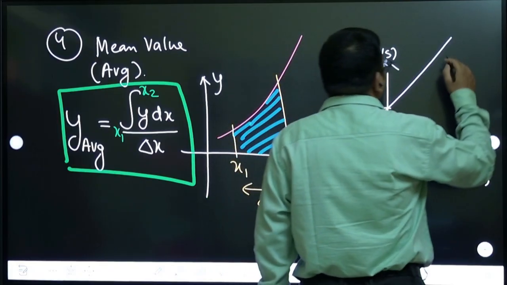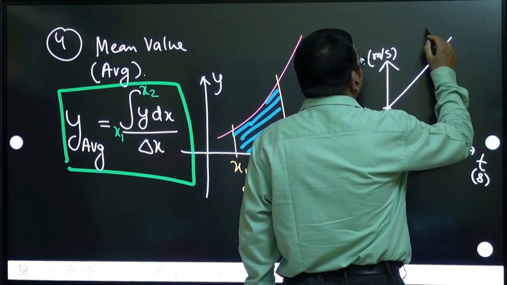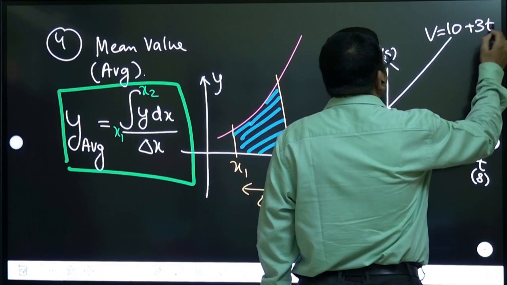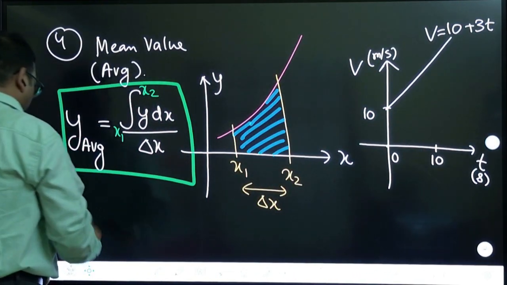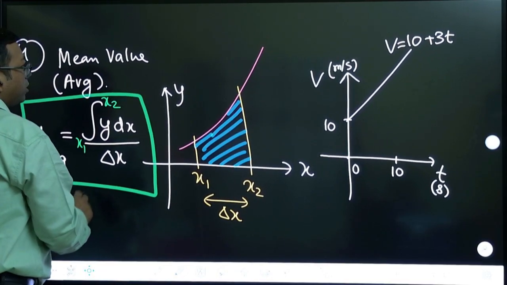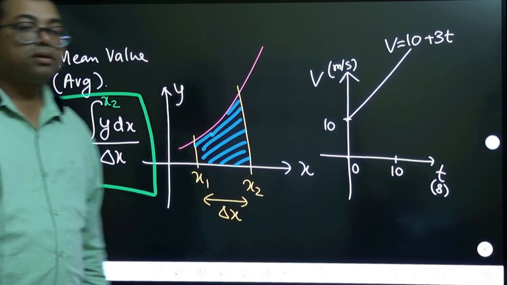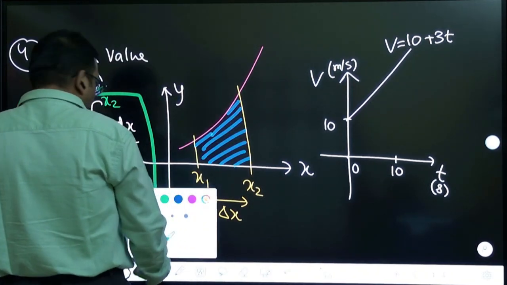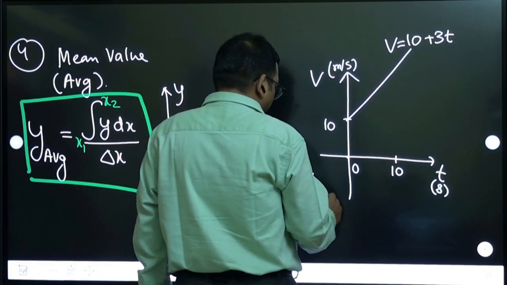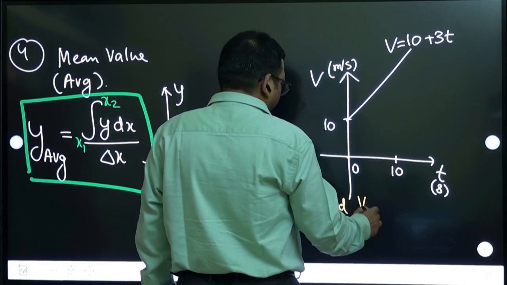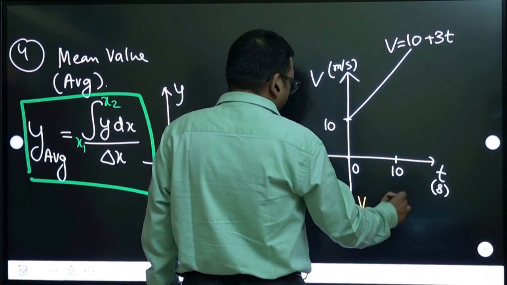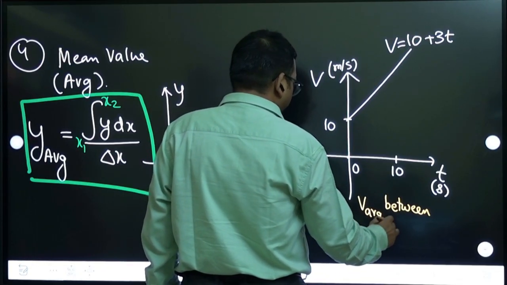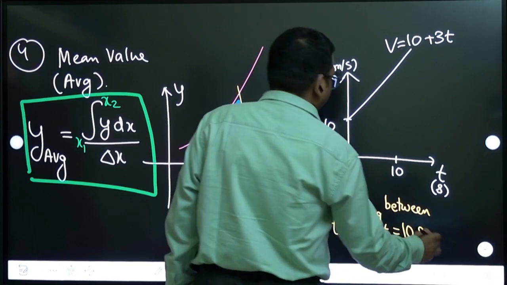The equation of this graph is given: v is equal to 10 plus 3t. Now you need to find the average velocity between time 0 and time 10 seconds. Calculate.